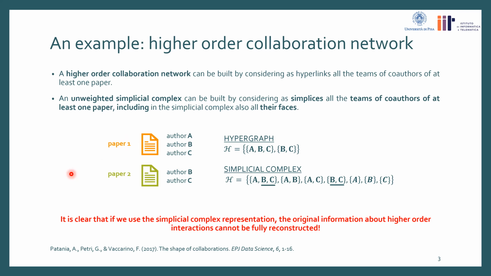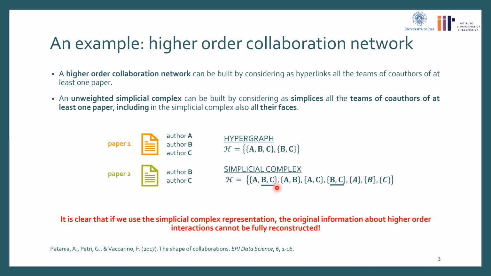Now, if you want to build a hypergraph, you could think of building a hypergraph made of authors as vertices, and then the hyperedges might correspond to the papers. So you have a hyperedge for paper 1 and then a hyperedge for paper 2, and that's it. In the simplicial complex representation, instead, to satisfy the property of the hyperedge set being closed under inclusion, you need to include also all the subsets of every hyperedge, namely simplex.